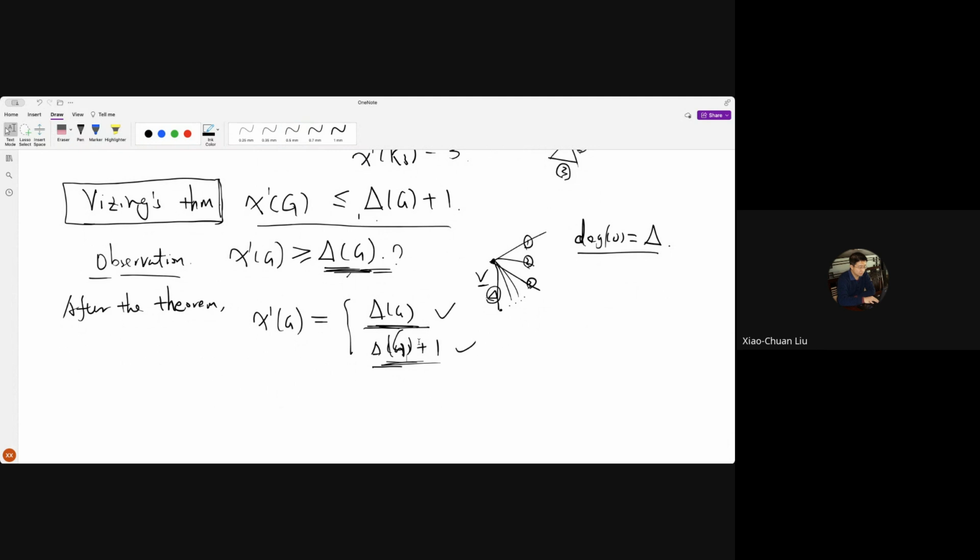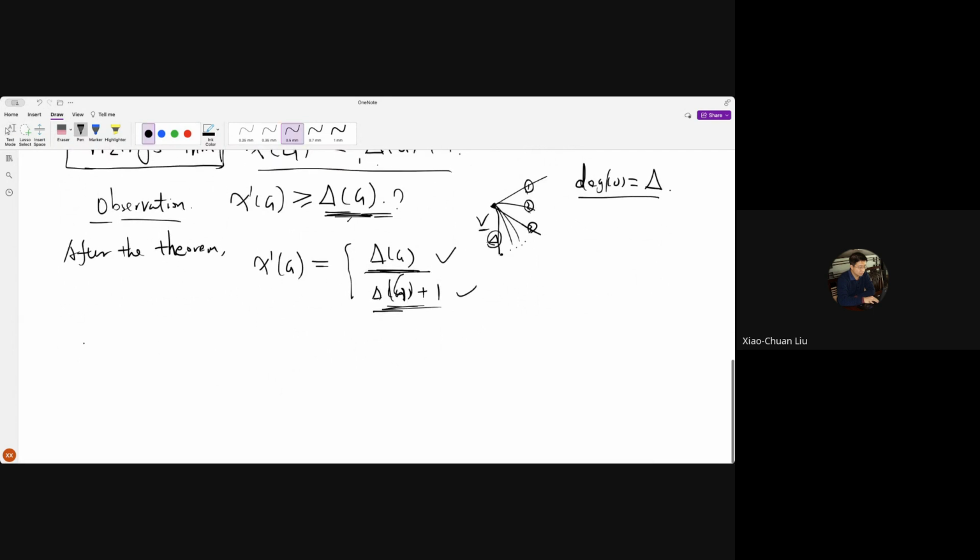But for chromatic number, it's more difficult. So let's try to prove this Vizing theorem. Proof of Vizing's theorem.